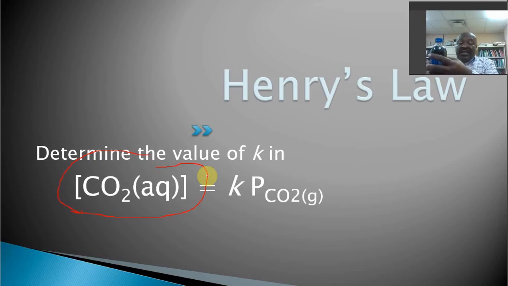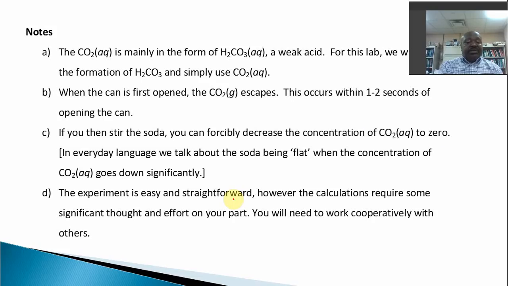Pressurized, a lot of it dissolves, right? If we could find the pressure in the head space, pressure, atmospheres, and then the molarity of the carbon dioxide that dissolves, they're directly proportional. Write an equation, and you put a proportionality constant. Great. Our goal is to determine K, the proportionality constant.